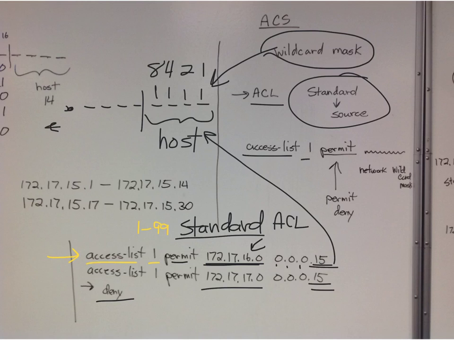The number, and then next here, this is either a permit or a deny, and network, and what wildcard mask. So here's the network, and the wildcard mask tells us how much of that we're going to match. Not easy at first, but it'll be easier as we go along.